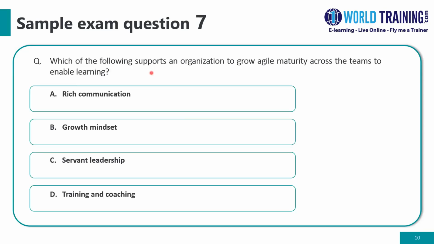Question number 7. Which of the following supports an organization to grow agile maturity across the teams to enable learning? A, rich communication. B, growth mindset. C, servant leadership. D, training and coaching.